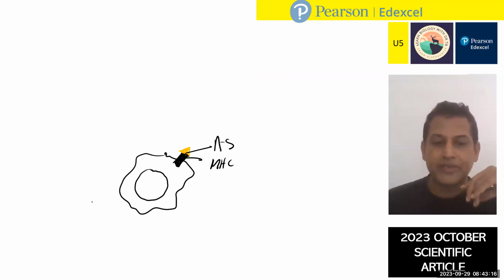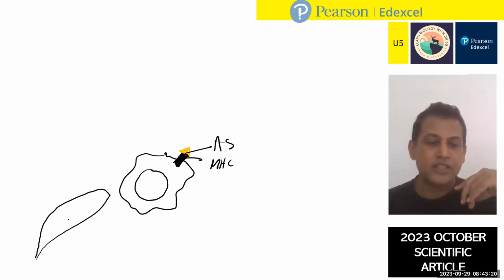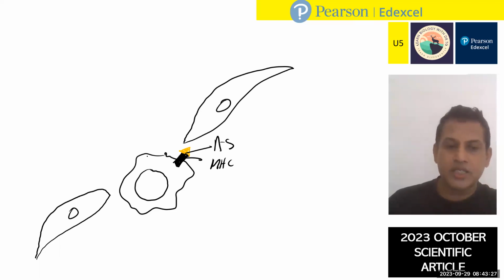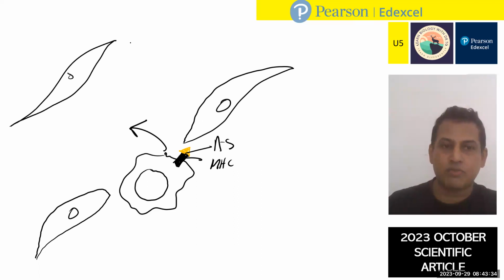Then this cell can enter into the lymphatic system. I show here the discontinuous endothelium. Now you see the space. This space is important; these cells can quickly enter into it.